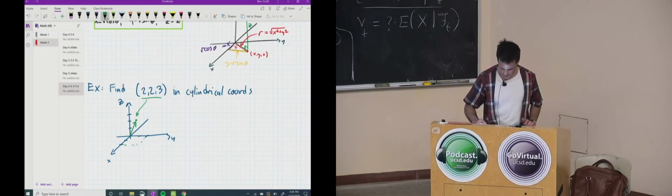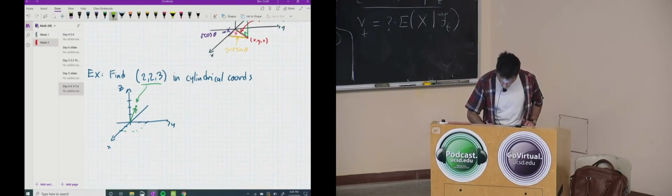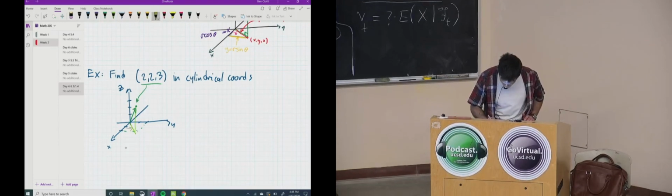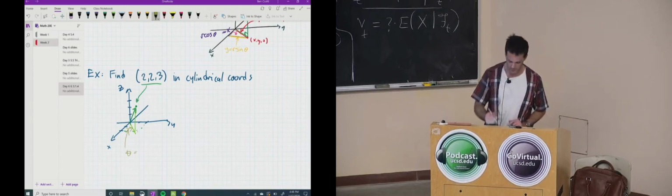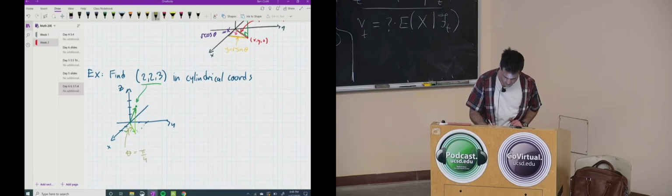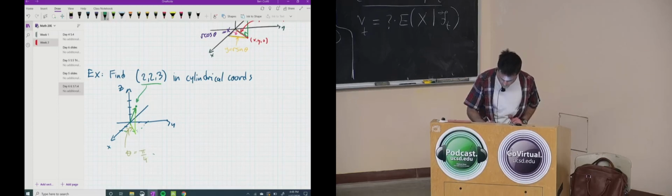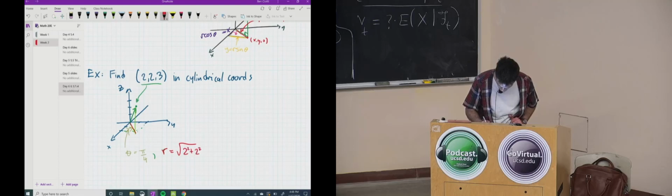So what are the polar coordinates? Well, if I drop this here, this right here is theta. Can anyone read off what theta is? Pi over 4, good, 45 degrees. R is this distance right here. So that's the square root of 2 squared plus 2 squared, which is 2 root 2.